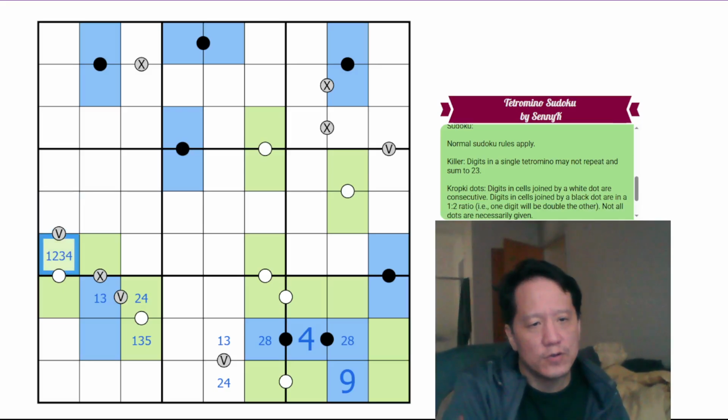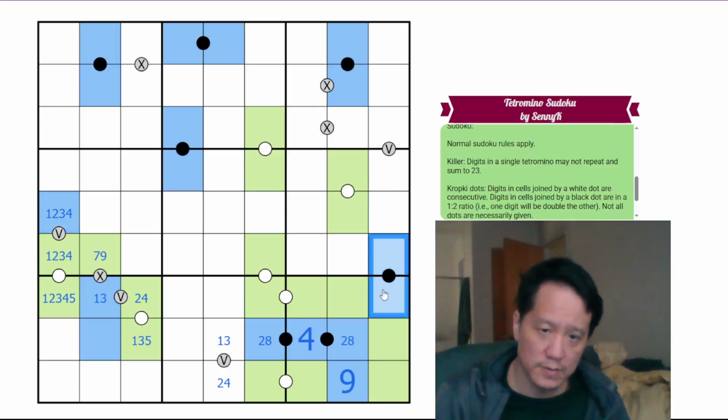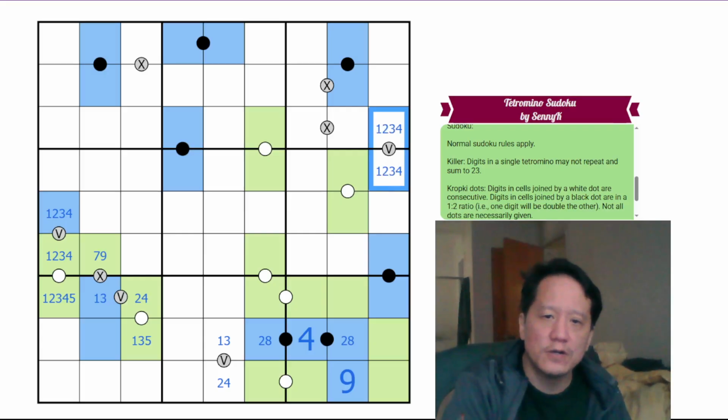1 through 4, 1 through 5, 6, no 6 or 8, 7 or 9. 1 through 4, this is shaded. 1 through 4 here.